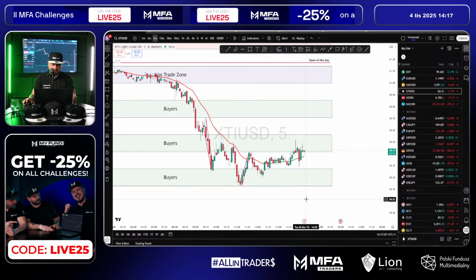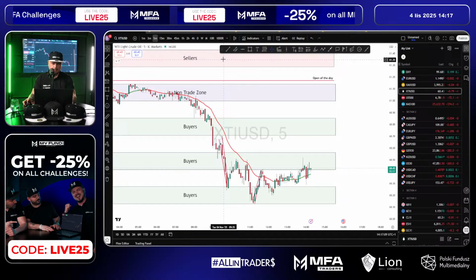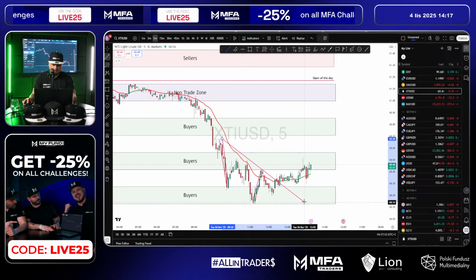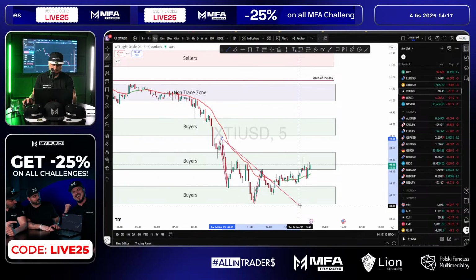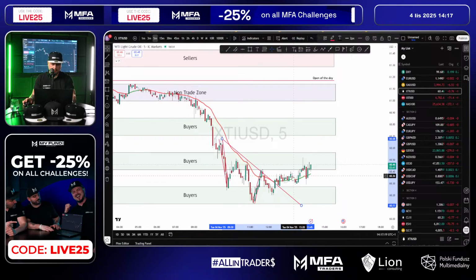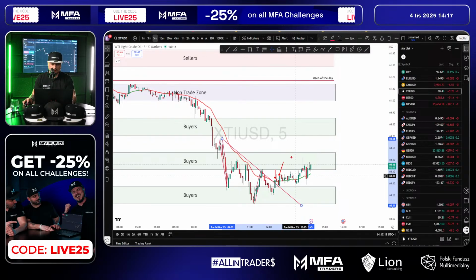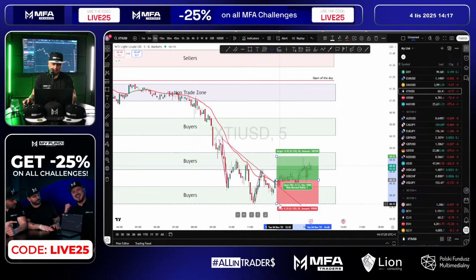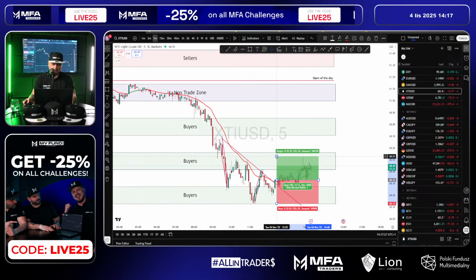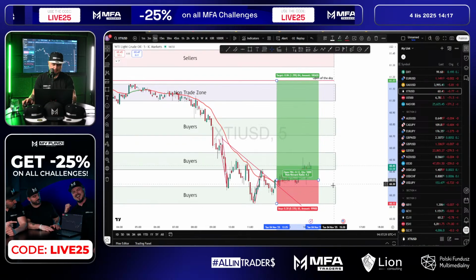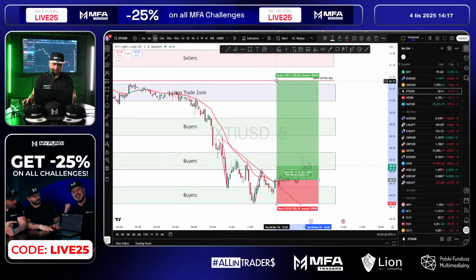Like I said, here we are a bit late, but not too bad. Doesn't look too bad. Yeah, probably this candle or this one. There was opportunity right here. We are late. 1 to 4 risk to reward.